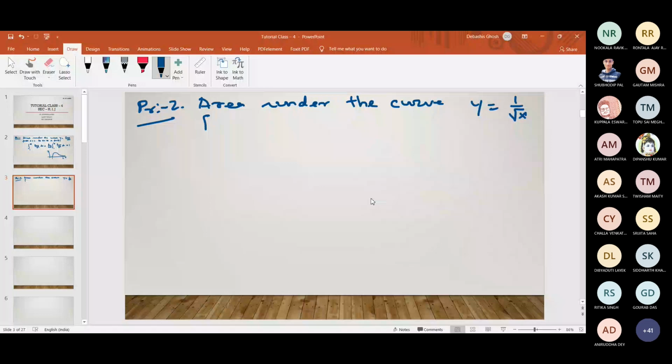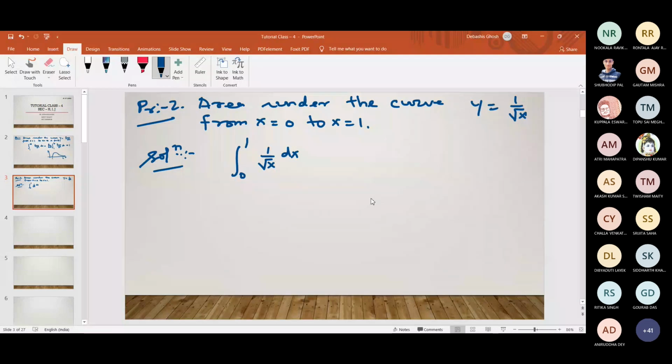So we're going to integrate from x equals 0 to x equals 1. Again, if we consider the evaluation of this integration, then we have the integration from 0 to 1 f(x) dx, that is 1 by root x dx, and that we can evaluate because we have to eliminate this point 0.